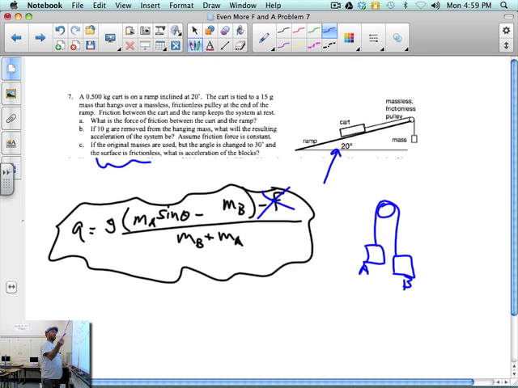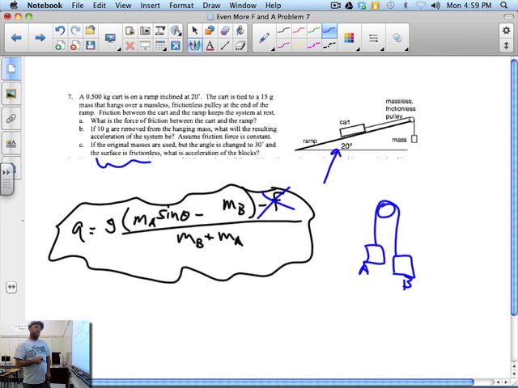MA minus MB would then be 0. 0 times g would be 0. So we would get 0 acceleration if these masses were the same. That would make perfect sense because our system would be in equilibrium. If these objects both had the same weight, the system would have to be in equilibrium.